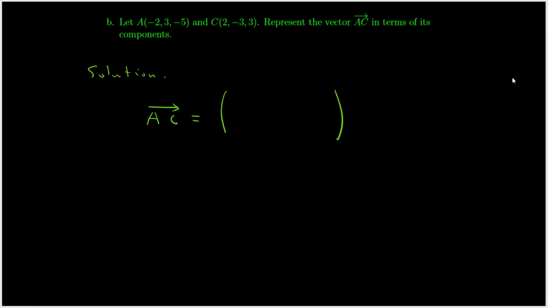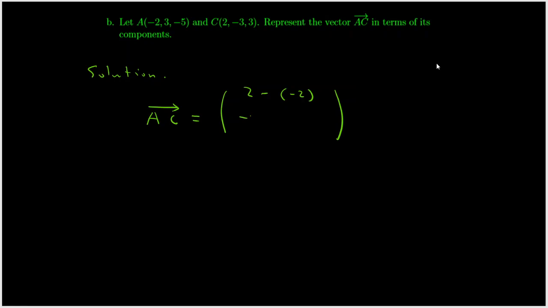You just subtract the corresponding coordinates, and then you have the components. Now remember to use the x coordinate for point C minus the x coordinate for point A first. So by that we mean 2 minus negative 2, right?